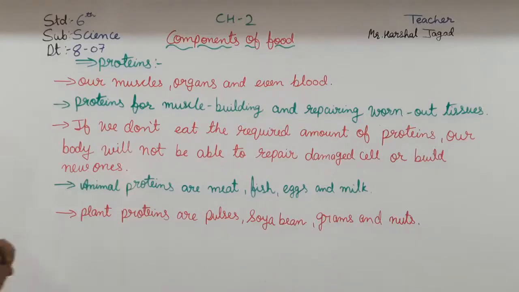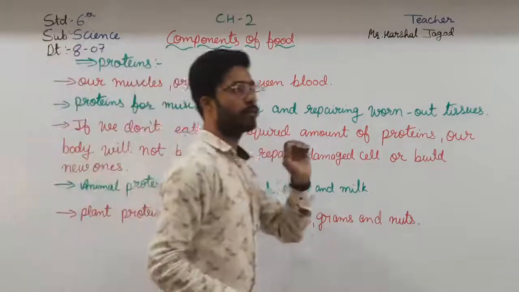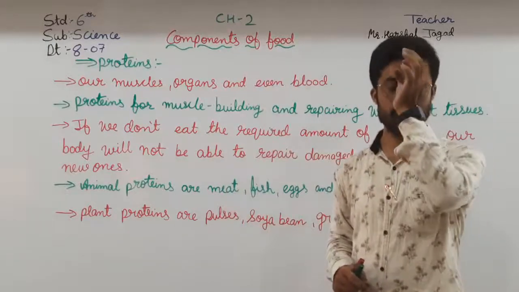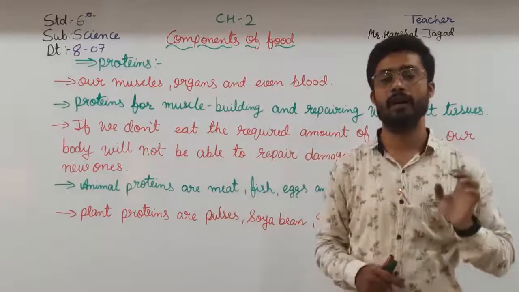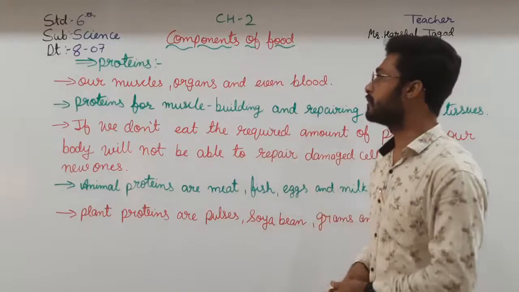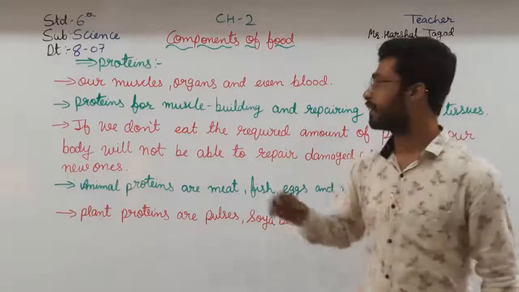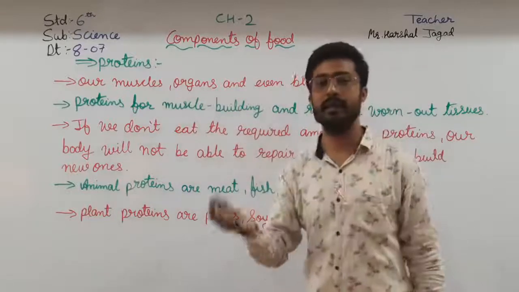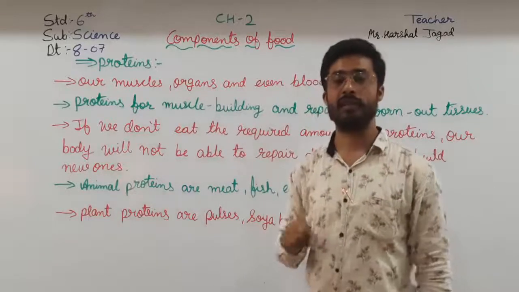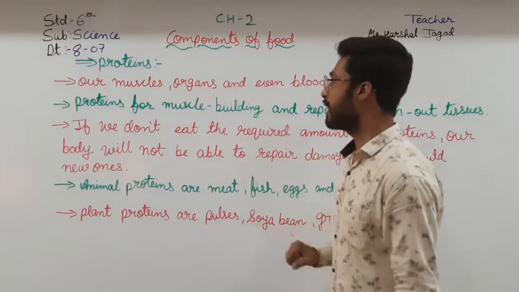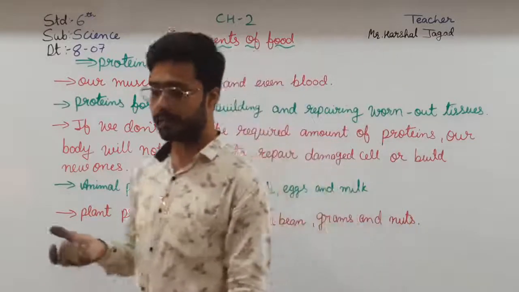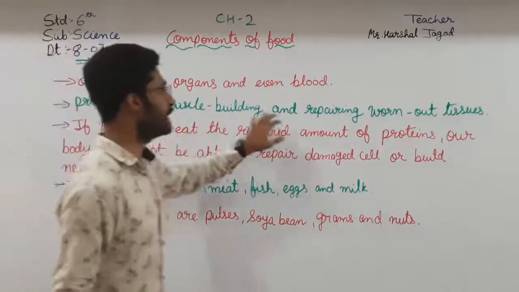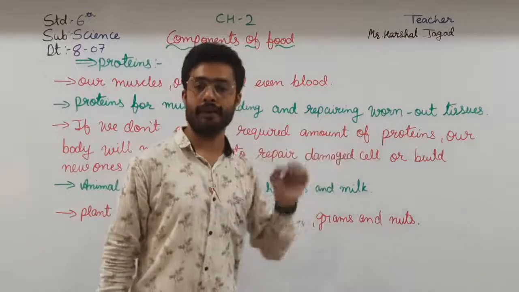Okay, so talking about proteins from the start. Proteins are present in our muscles, organs and even blood, along with other things. Proteins do muscle building and repairing of worn out tissue.